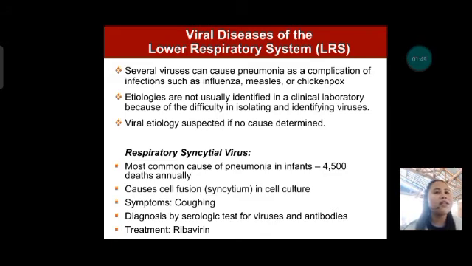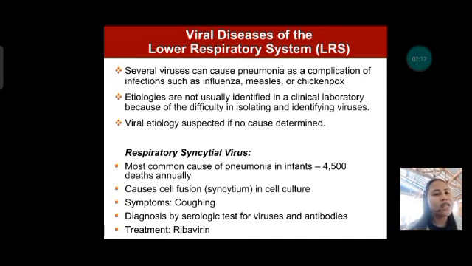The first viral disease is RSV, or respiratory syncytial virus. It is the most common cause of pneumonia in infants, with 4,500 deaths annually. It causes cell fusion, called syncytium, hence the name respiratory syncytial virus.